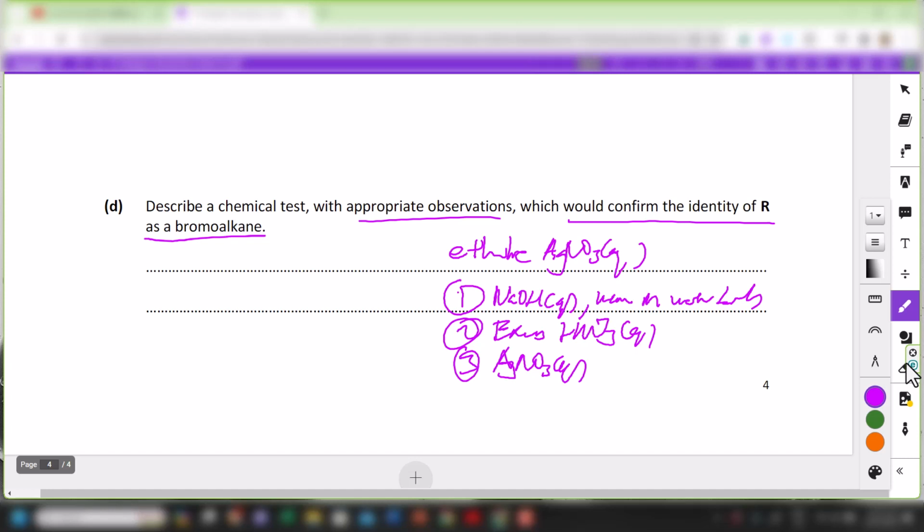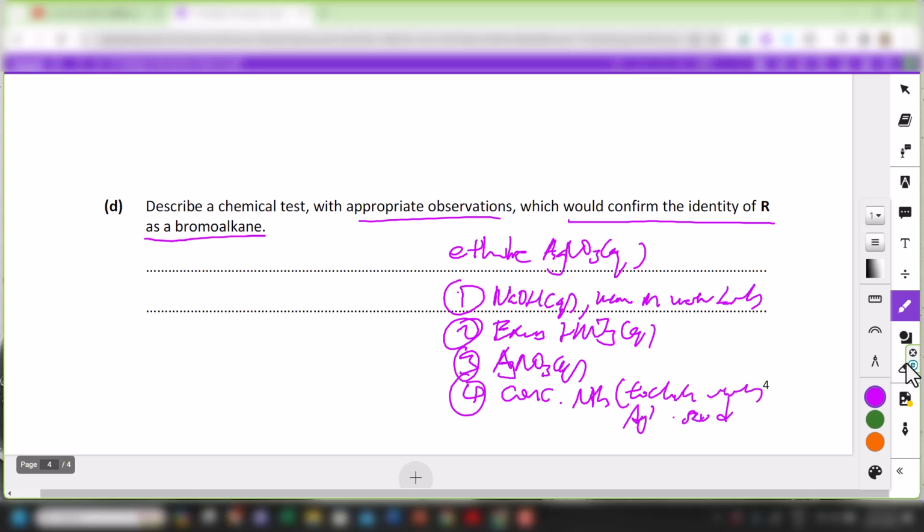After you have added in aqueous silver nitrate, you're going to expect a cream precipitate of silver bromide. Then after the cream precipitate of silver bromide appears, you can check its identity by adding concentrated ammonia to check whether AgBr dissolves.